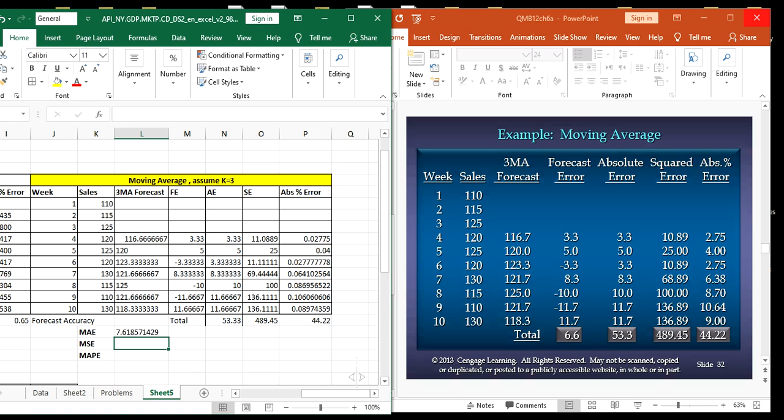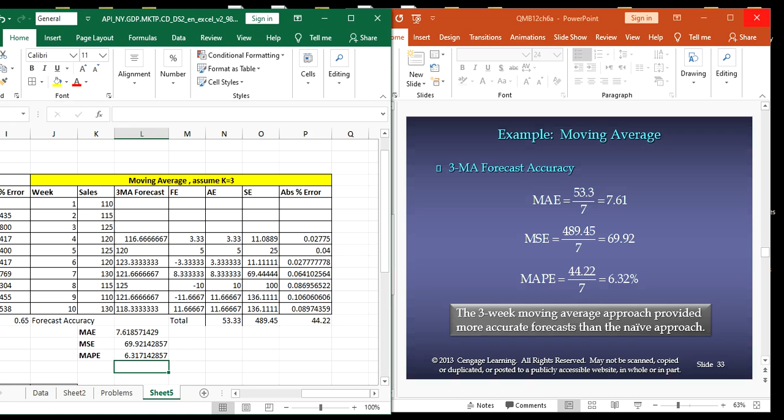The same for squared errors, the sum of squared errors divided by 7, and then the mean of absolute percentage errors, divided by 7. Okay, here we are.